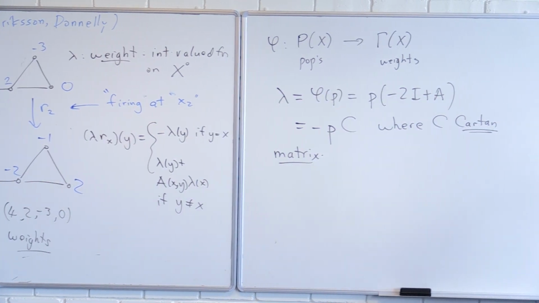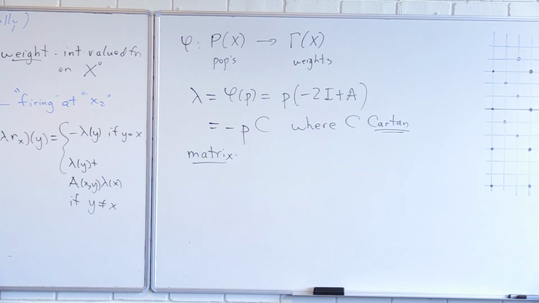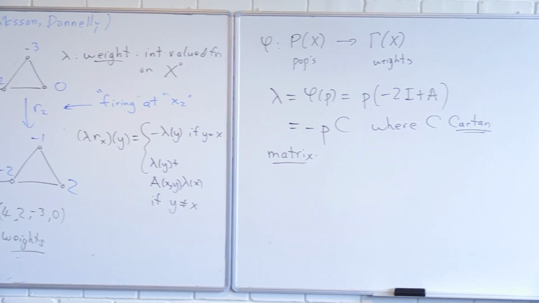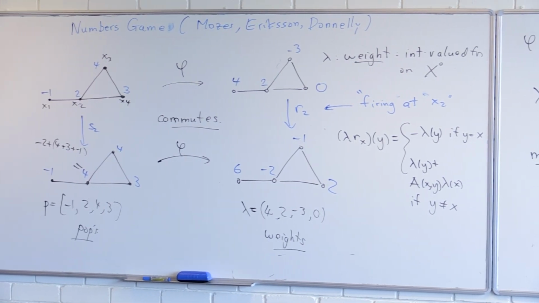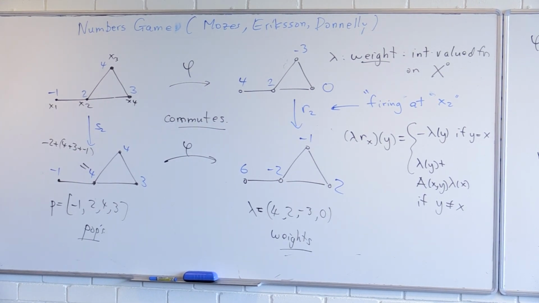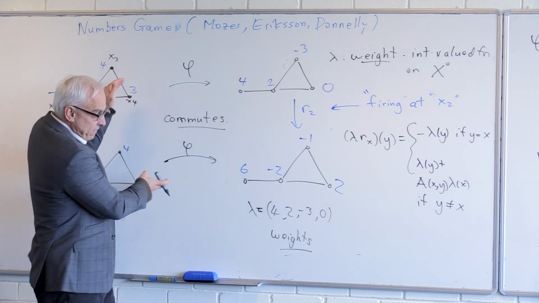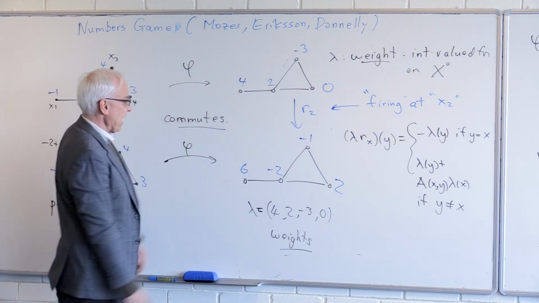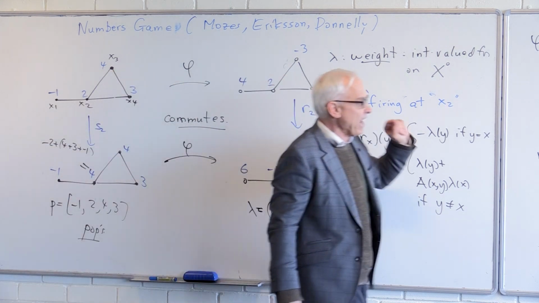So from a linear algebra point of view, this is very nice. And basically what we are saying here is that we have a commuting diagram. So this diagram commutes. We have mutations this way, we have firings this way, and we have this identification of populations and weights. Of course, it's a true identification.